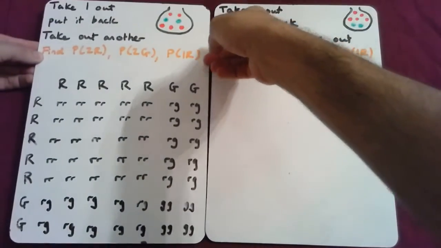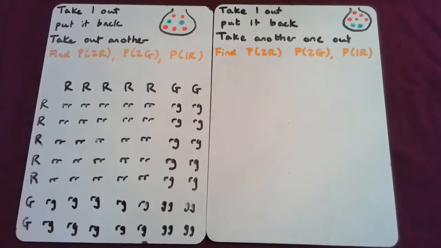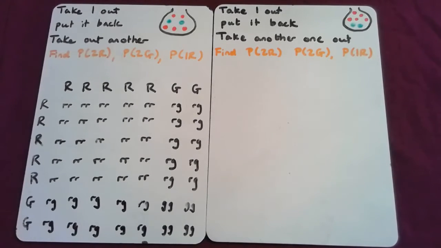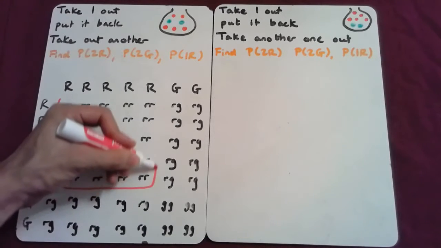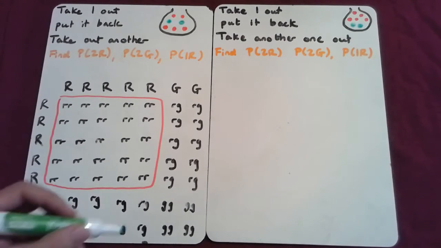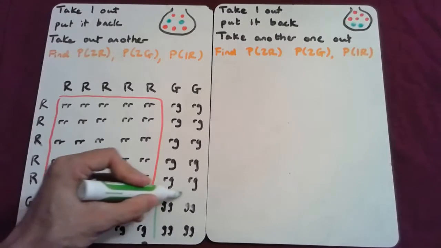Now, as you can see over here, we have our first pick, which is 5 potential reds and 2 greens. Or we've got our second pick, which is 5 potential reds and 2 greens. And the probability of getting 2 reds is in this box over here. And the probability of getting 2 greens is in this box over here.